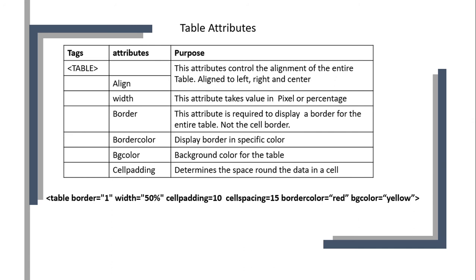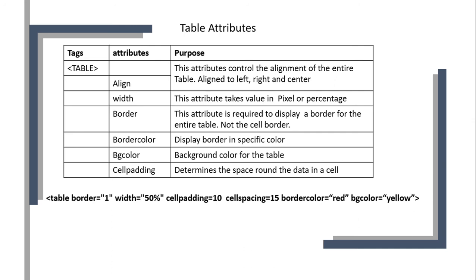After this, border color. Normally, whenever we do not write any color in the table tag, we just get a black outline for the table. But suppose we want to show a color for your table, we use border color equal to and write a color like red, yellow, or blue.